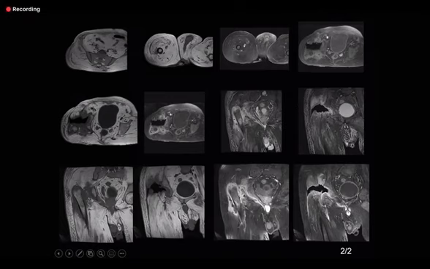So looking at the pre and post contrast images, I note there's significant signal enhancement around the proximal aspect of the femur, and there's high signal within the femur as well. And there's low signal in the corresponding areas of the proximal femur on the T1 weighted sequences.